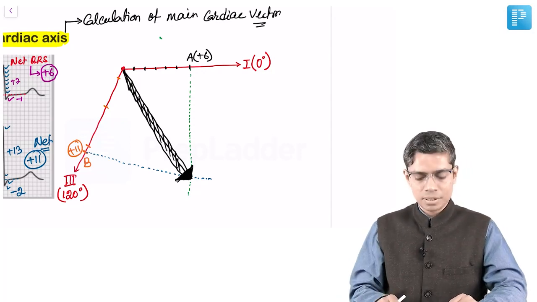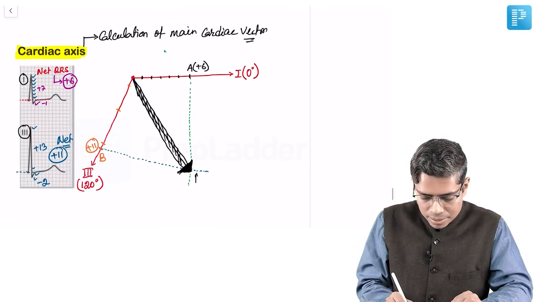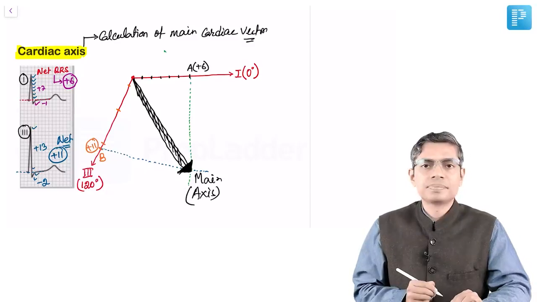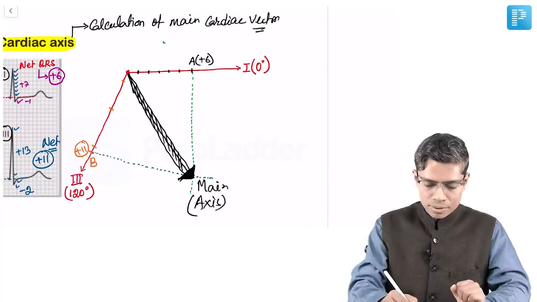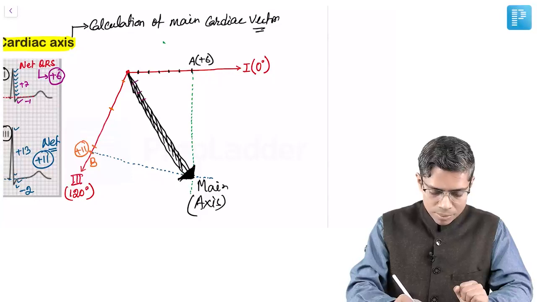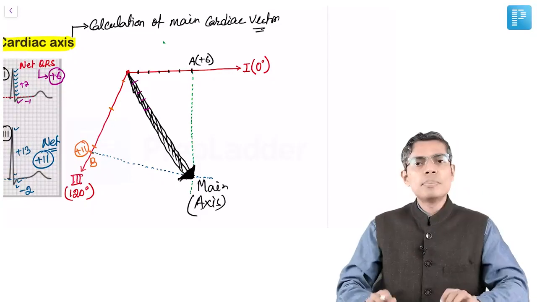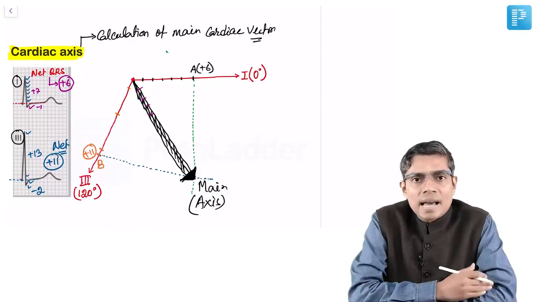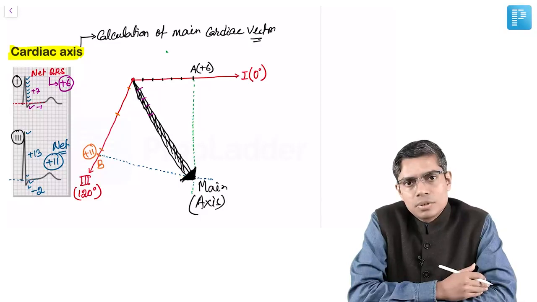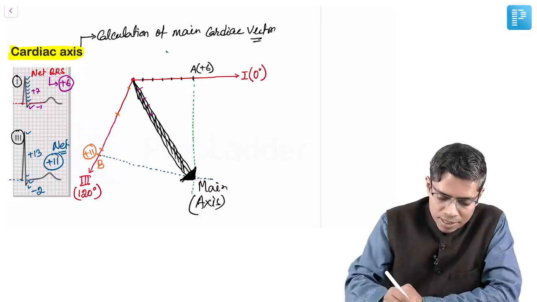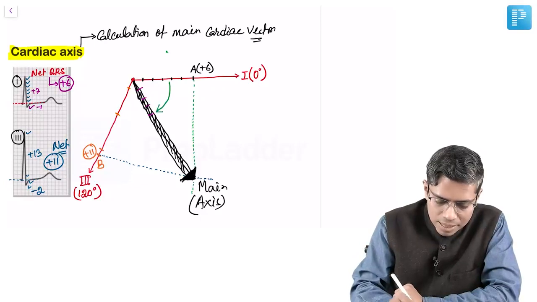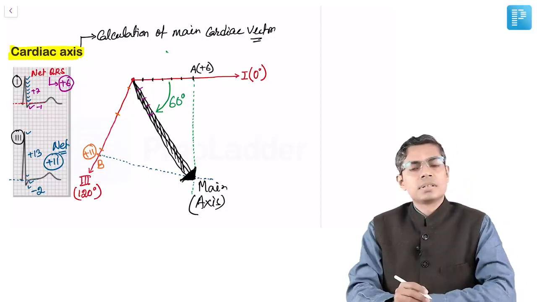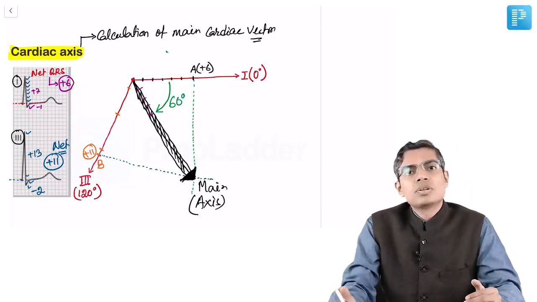If this is the main cardiac vector or the axis of the heart, then the amplitude I can find out in the same manner, suppose 1, 2, 3, 4. But more important is the direction, the angle of this cardiac axis with respect to 0 degrees. So I have to find out the angle here. Suppose this angle is approximately 60 degrees. The next question is whether this 60 degree angle is normal or not.